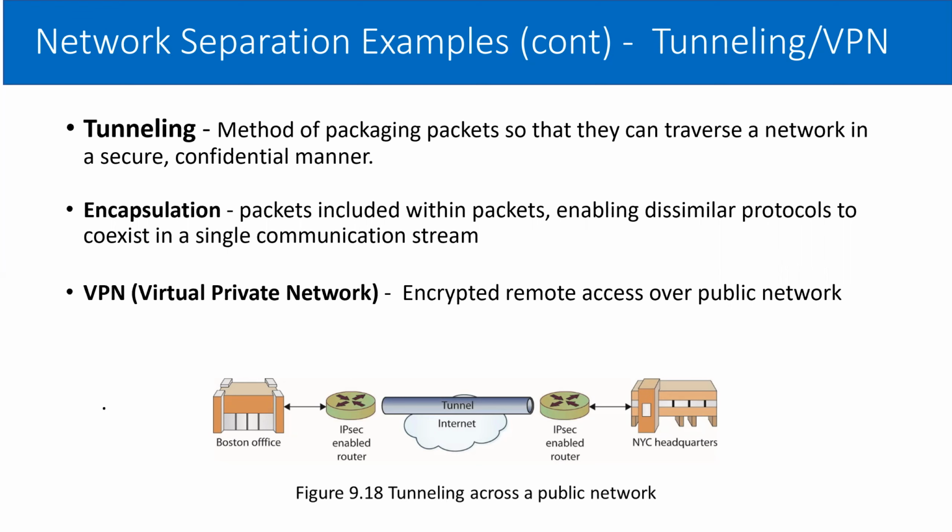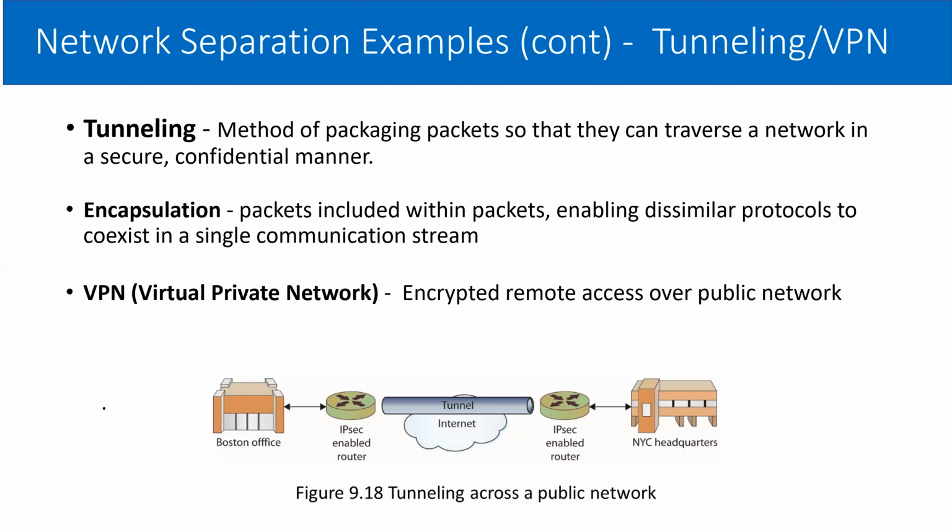Encapsulation is a term, we'll pick it up in the next section also, where you take data and you can encapsulate it within other data. So it's like taking a small envelope, putting it in a big envelope, and putting an address on the big envelope. Take the big envelope and put it in a box, put an address on the box, put the box in a bigger box and put an address on that, and send it on its way. And it goes through multiple layers of network technology.